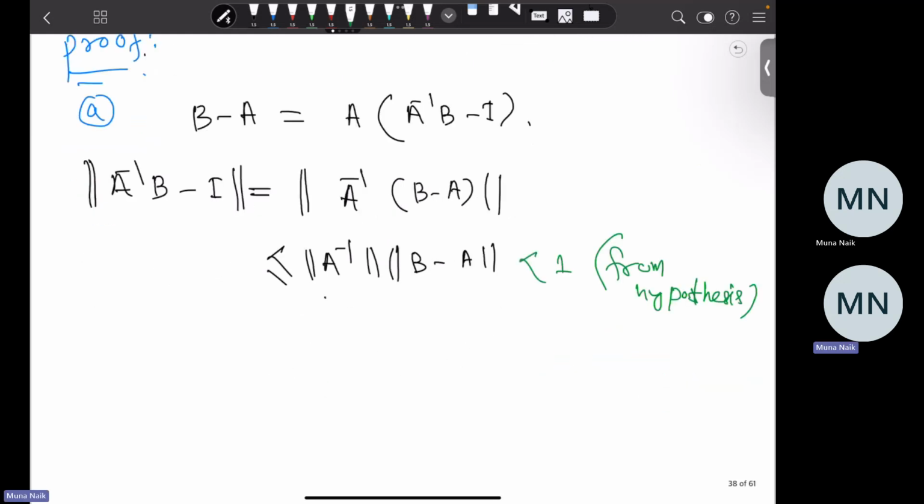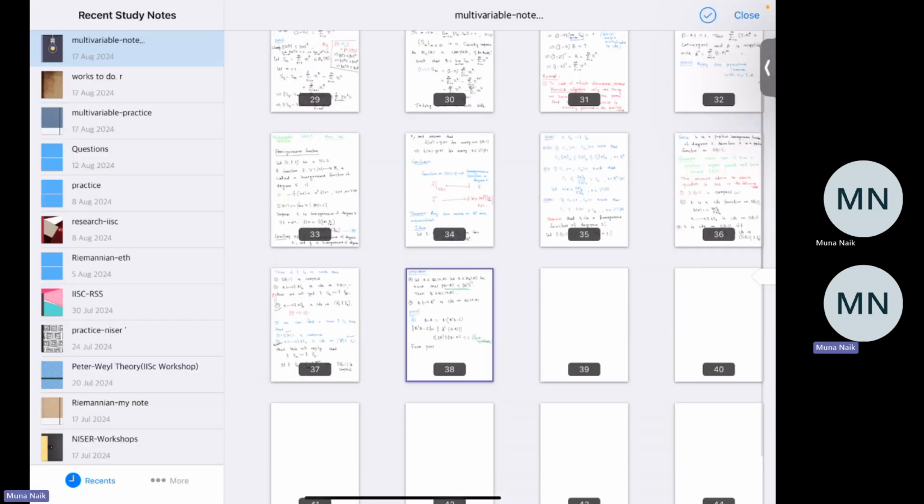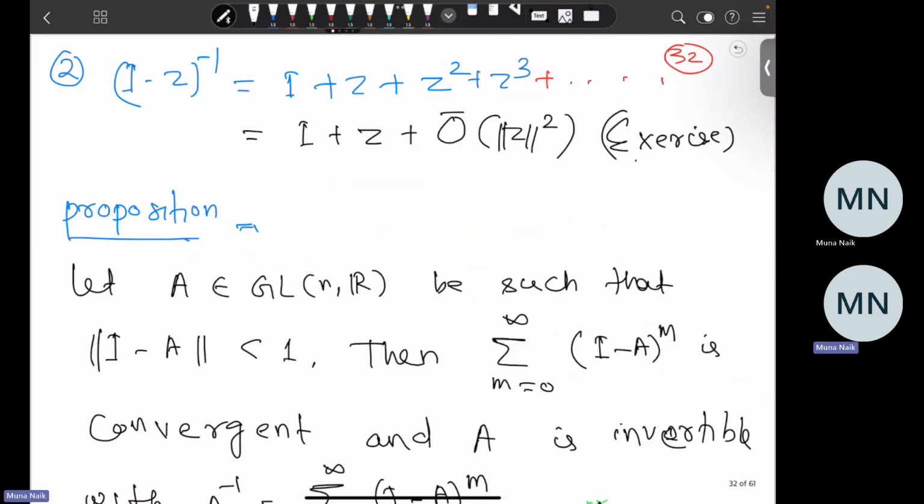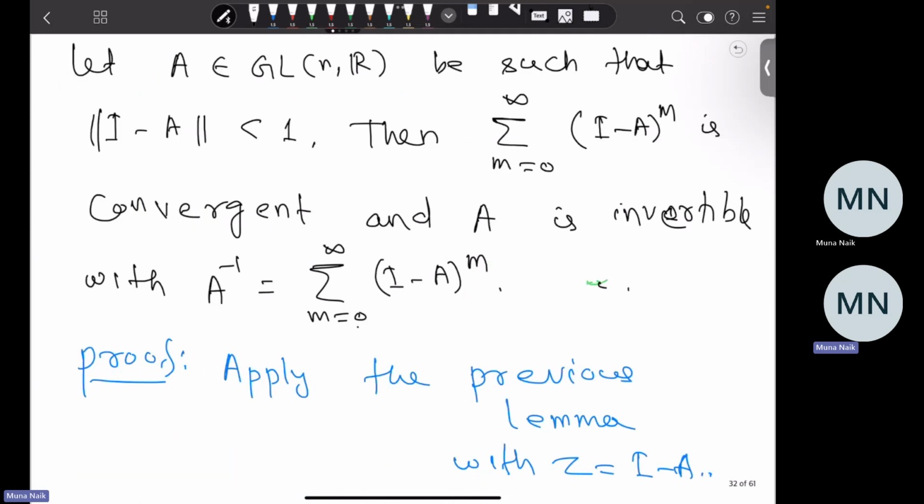So this will imply, from the proposition on page 32, which I have proved: if norm of I minus A is less than 1, then A is invertible.